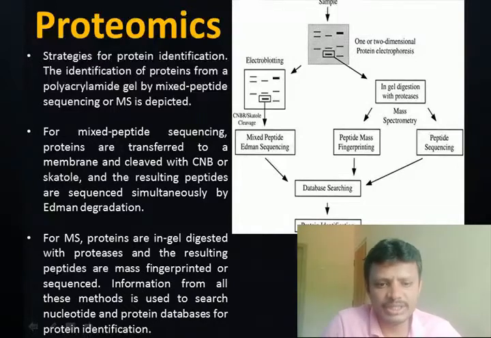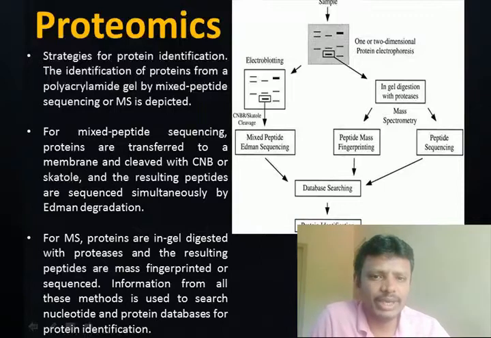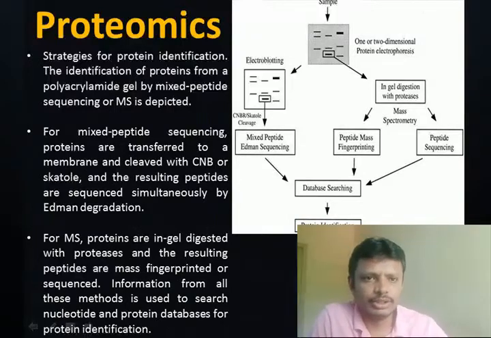Then the MS proteins are digested with proteases, and the resulting peptides are mass fingerprinted or sequenced. Information from all these methods is used to search nucleotide and protein databases for protein identification. Next year when we do bioinformatics as a project, we will learn how exactly it works. Here you just learn these steps, that's it. You don't have to write this, you just have to learn the steps and what is involved.